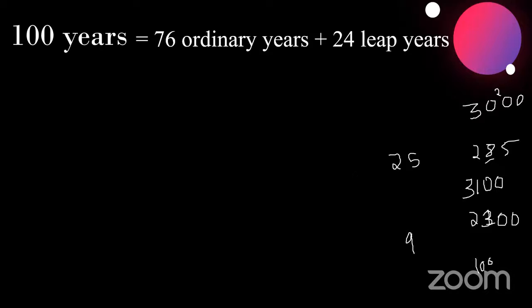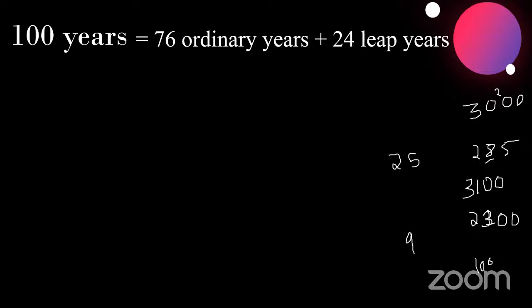Yes, ma'am. I'm just confused in that one. How to find that? You just divide it. And why are we not considering 25? In the first 4 years, the 4th year is the leap year, right? So that is why we are not considering that. Also the 100th year, we will be having that last one.